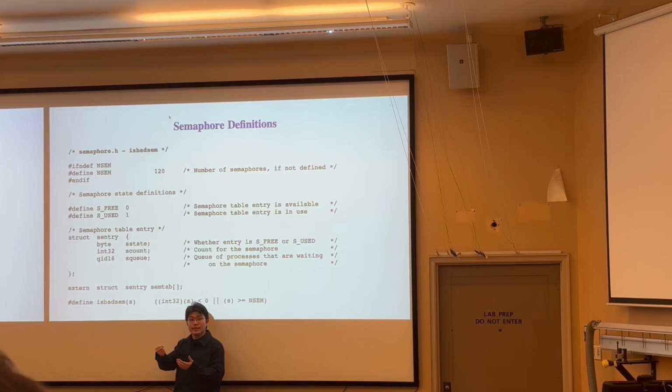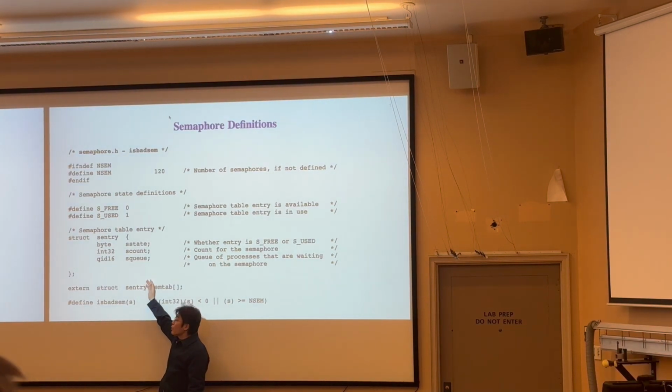In 252 you know that when you use a semaphore, you call wait. When you finish using it, you call signal. When such a process finishes using the semaphore and calls signal, it will wake up the processes that are waiting in this semaphore queue.